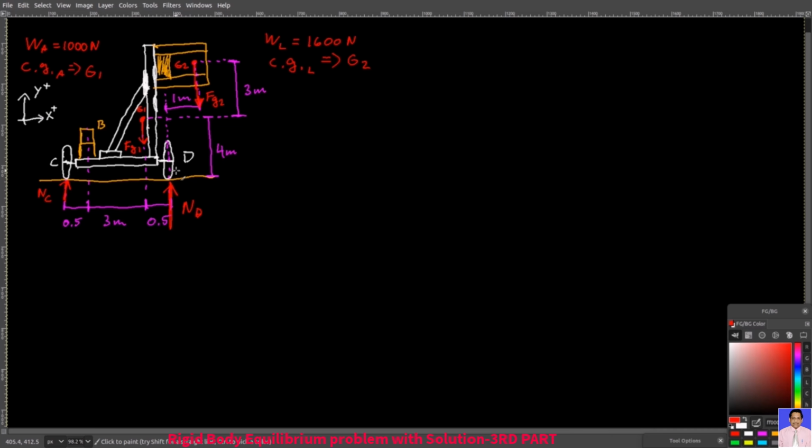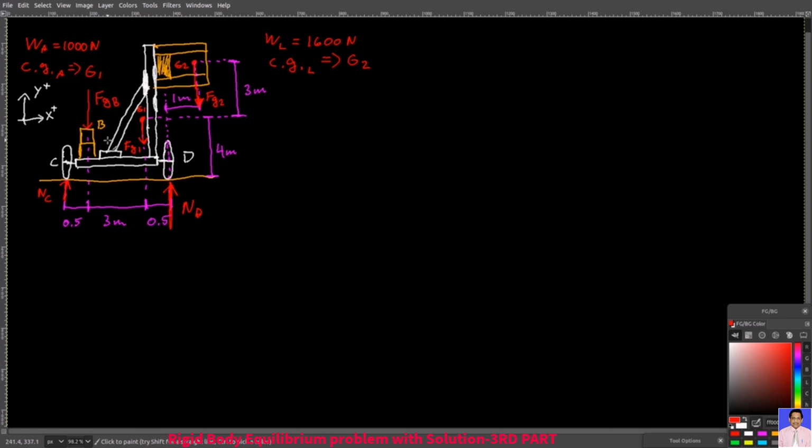Thus, there are no reaction moments in the supports at C and D. You only have two normal forces, NC and ND. Finally, you have Fgb, which is the force of gravity of the counterweight blocks. Since their mass distribution is uniform, we know that Fgb goes vertically through the middle of the blocks.